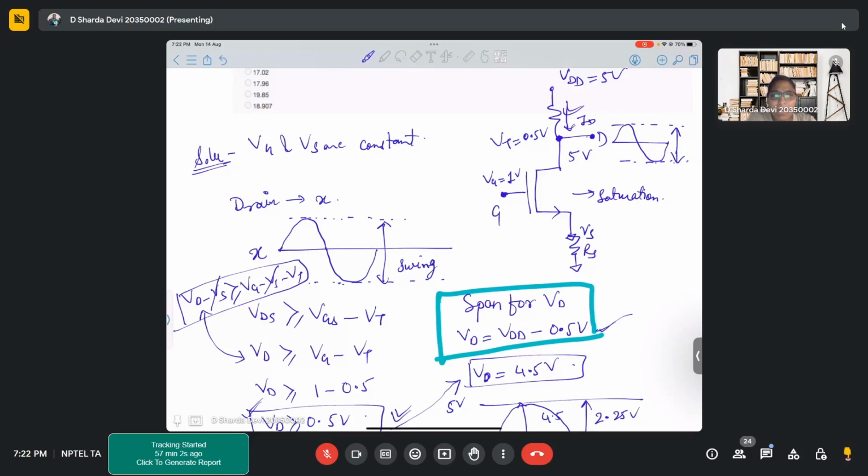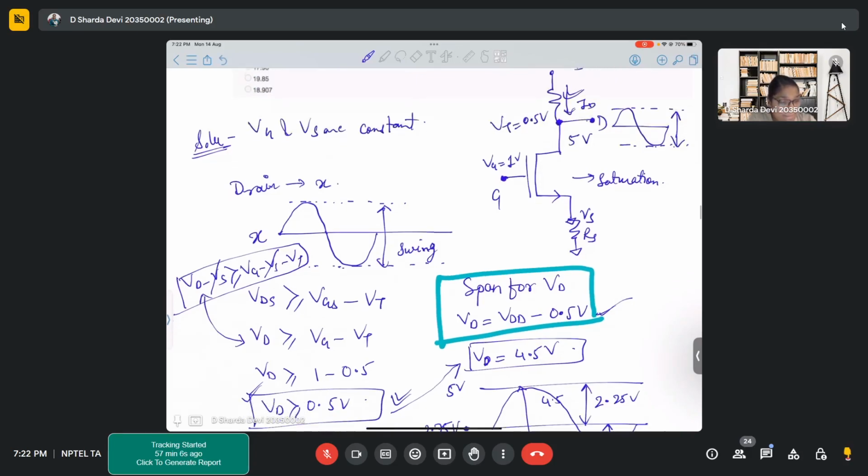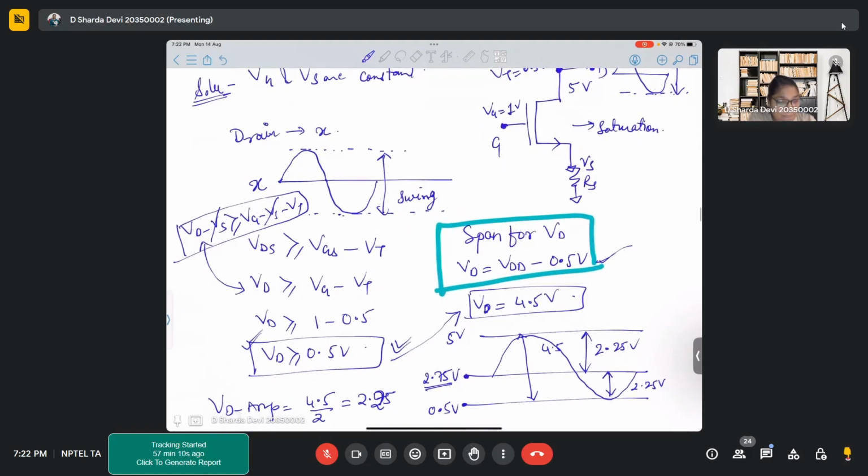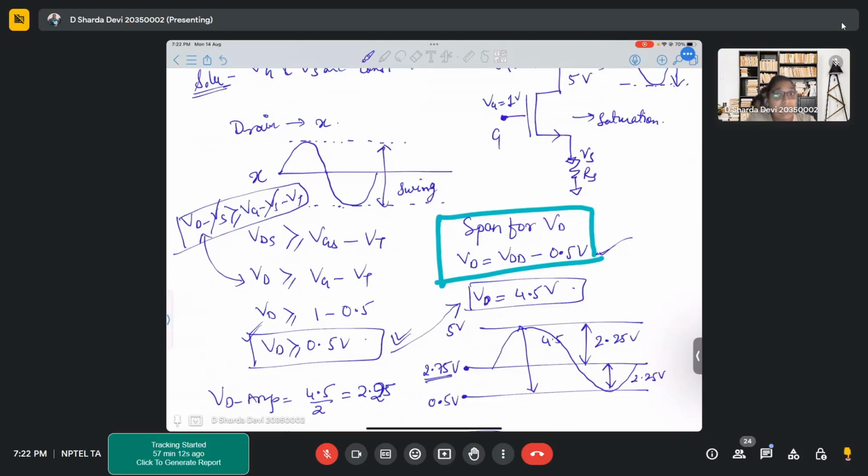Ma'am, one more question. That middle point we are keeping, for getting the highest gain we have to keep it at mid VDD? Highest swing, not gain. Highest swing, that means your positive and negative cycle both will be equal and there won't be any distortion. That is the idea.